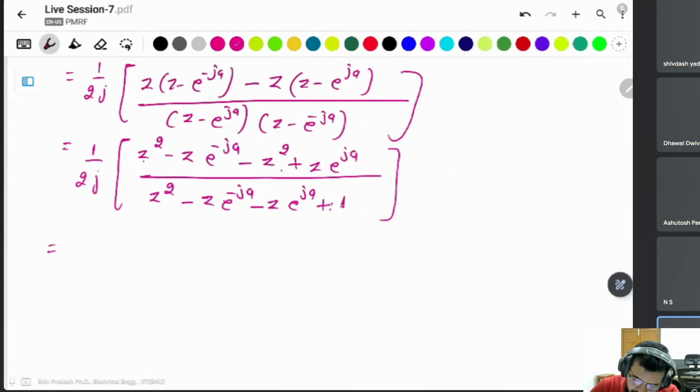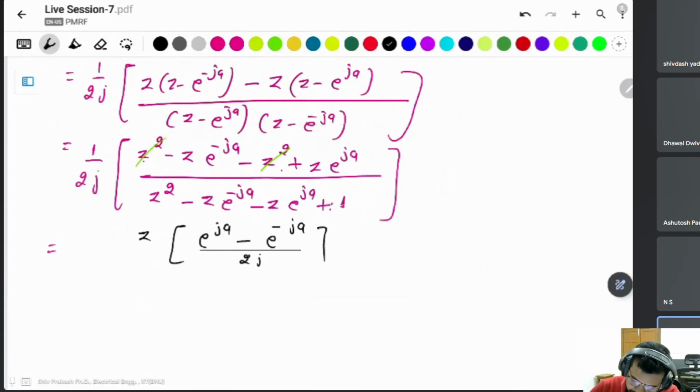This will be cancelled out. We take common z times (e to the power of ja minus e to the power of minus ja) divided by 2j in the numerator.